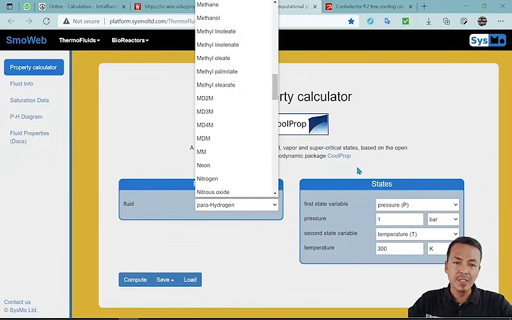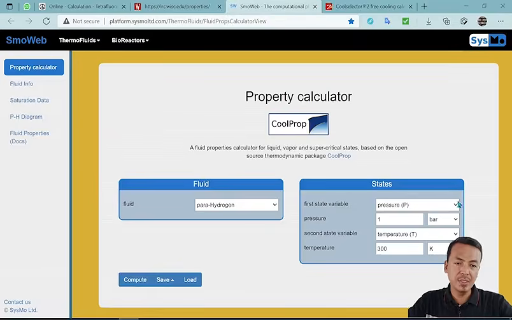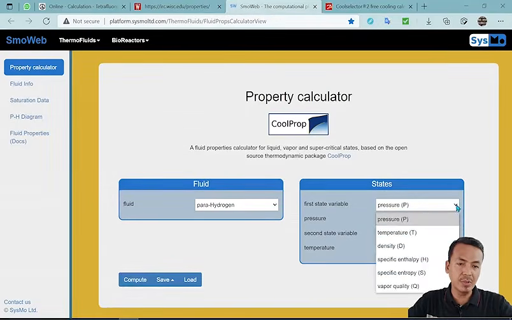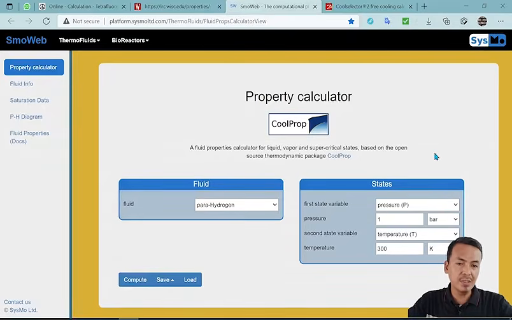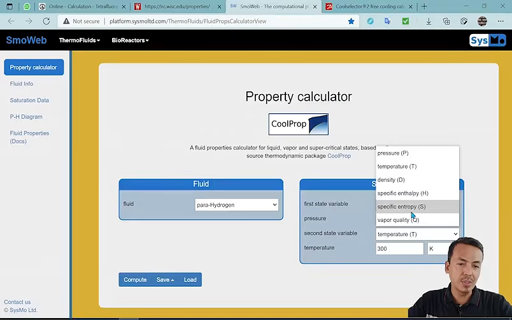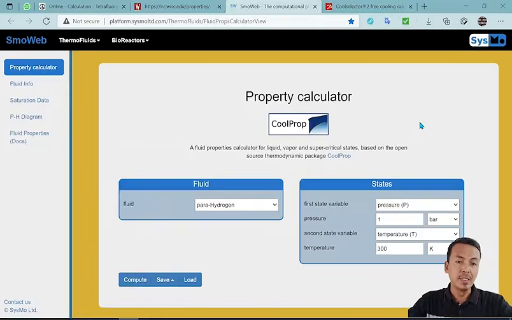And then you need to input here the pressure or temperature or another condition. I think this is a very good one because you can also input many parameters like enthalpy, entropy, and also the vapor quality. Okay, so in this video, I will show you the effective one using software.